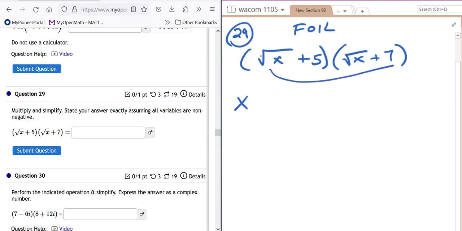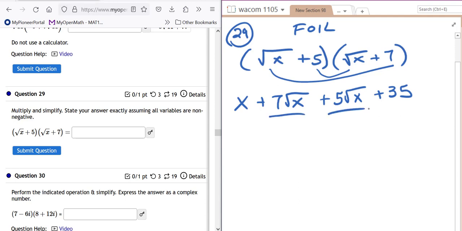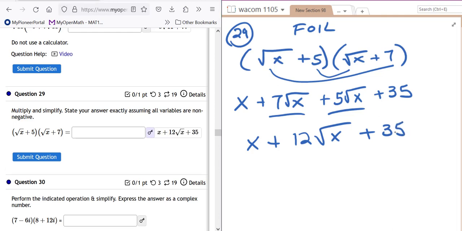Outside, the 7 will go times a 1 there, and you'll keep the square root of x. This one will do the same. 5 times a 1 out in front, square root of x. And last, 5 times 7 is 35. These two will go together. So we have x plus 7 plus 5. Your math is outside. Plus 12 times the square root of x plus 35. Nothing else you can do on that one.